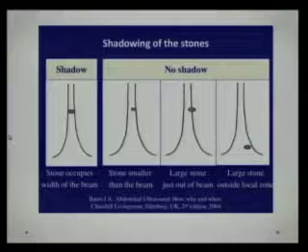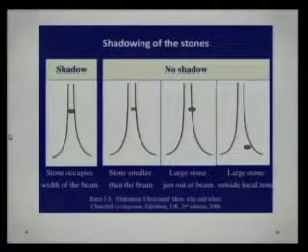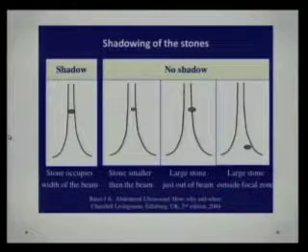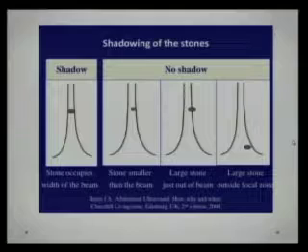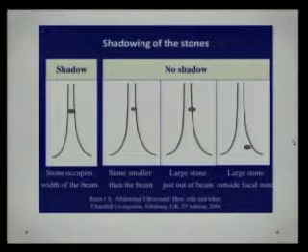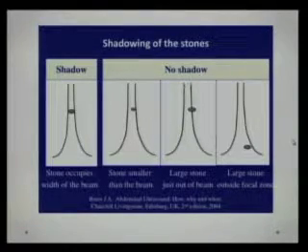When the stone is smaller than the width of the beam, or out of the beam, or when a large stone is out of the focal zone, we may not get a complete shadow. We may get a subtle shadow, or no shadow at all. So again, exaggeration, or making a shadow more pronounced, is in the hands of the technologist.